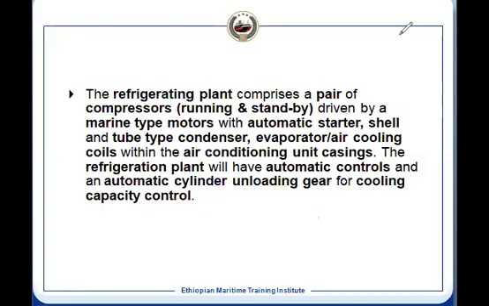Evaporator will be in battery form. It means there will be tubes from here. It will go and come back, so there will be two headers here. One is the supply inlet, and one is the return line.